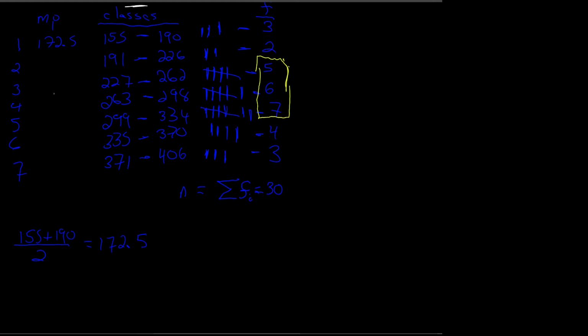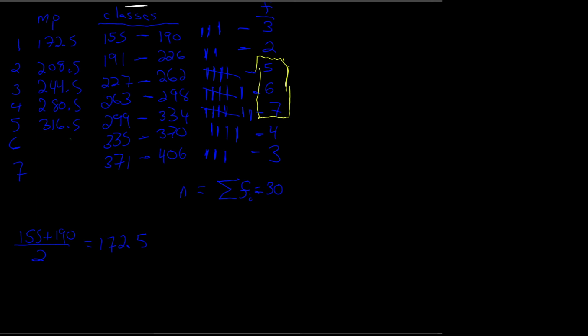Get my calculator here, and so 208.5, and I'll add 36 to each one. 244.5, and let's see, 244.5 plus 36, 280.5 plus 36 is 316.5, 316.5 plus 36.